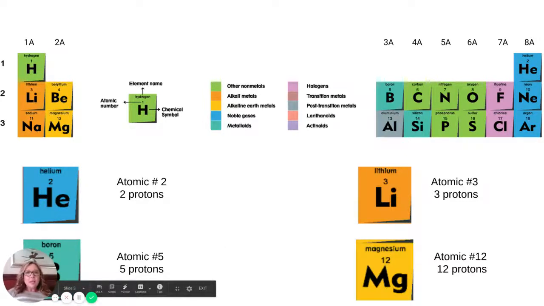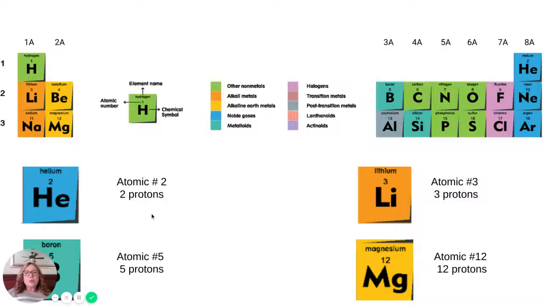So just by looking at the periodic table and seeing what the element's atomic number is, you've automatically peeked inside that element and you know how many protons an atom of that element has. You can learn even more because in its natural state, an atom or an element is electrically neutral. So protons have a positive charge.